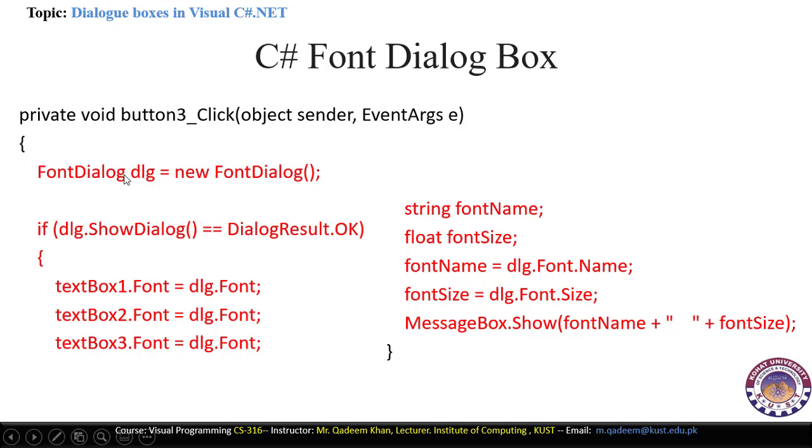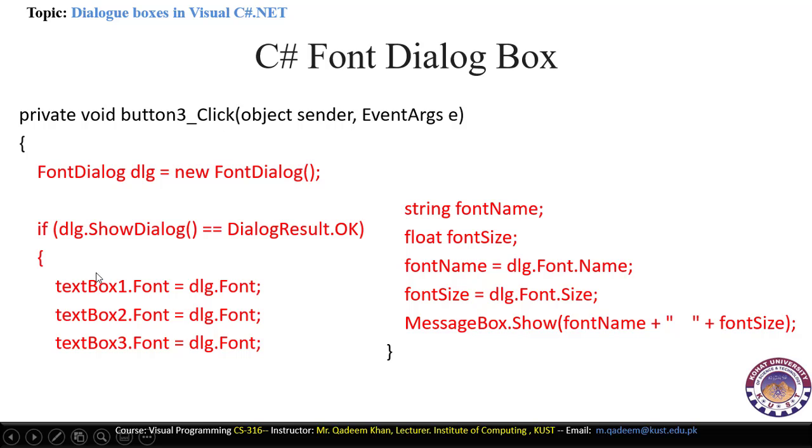So that's why we have declared the font dialog object using the FontDialog class. Now if dlg.ShowDialog() == DialogResult.OK, this means that when the dialog appears and the OK button on this particular dialog is clicked, then this body of the code will be executed.